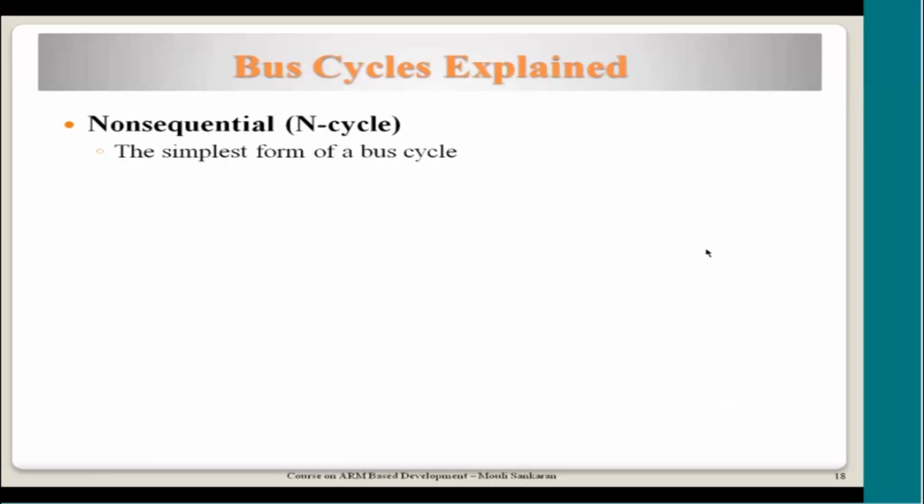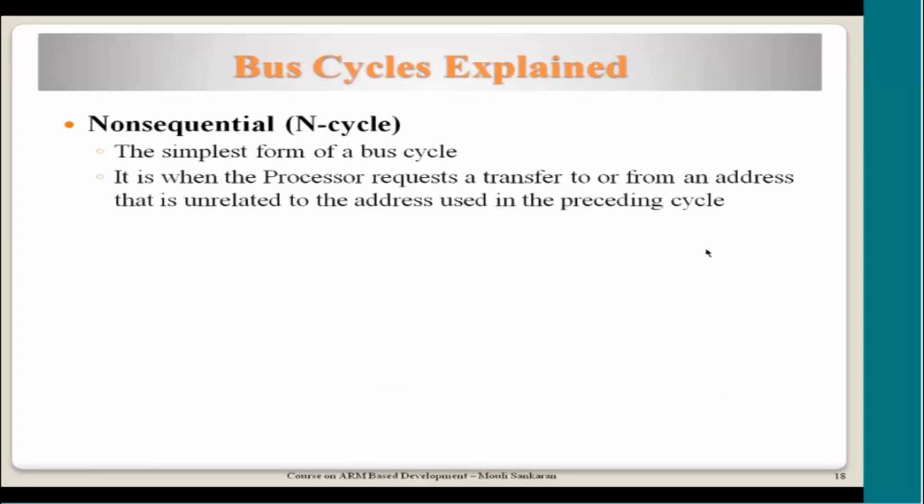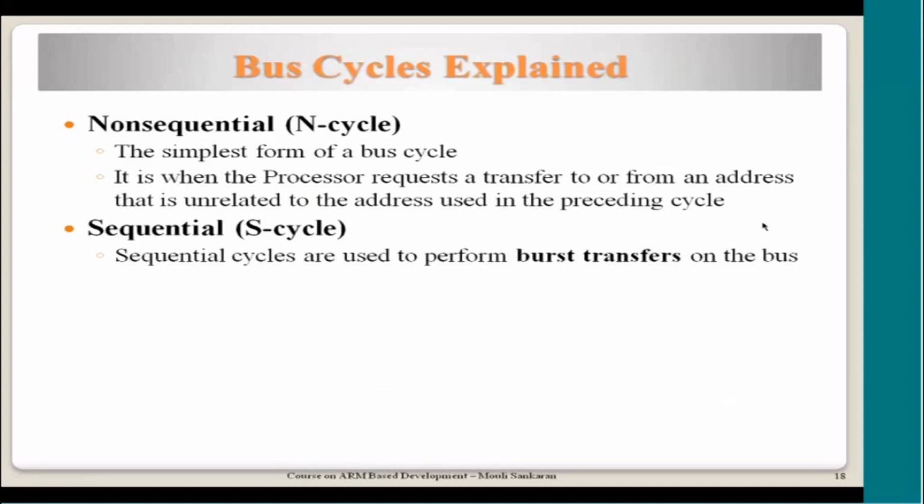So non-sequential is the simplest form because there is no relationship between multiple addresses coming out of the processor. And sequential is a burst mode. As I told you, the first address is given and then it says that I am starting a sequential cycle. That means it is going to access the memory starting from this address to subsequent addresses.